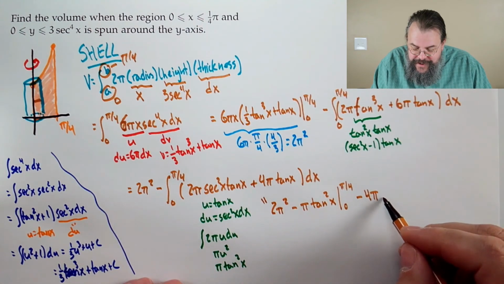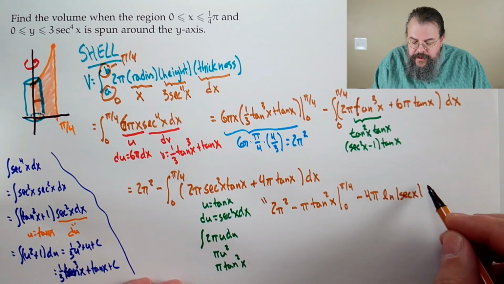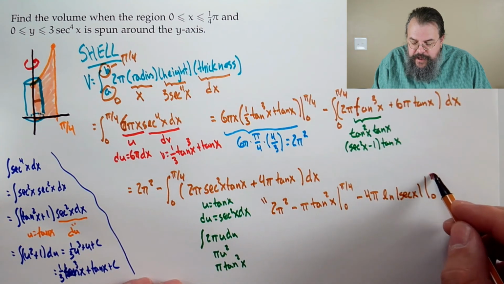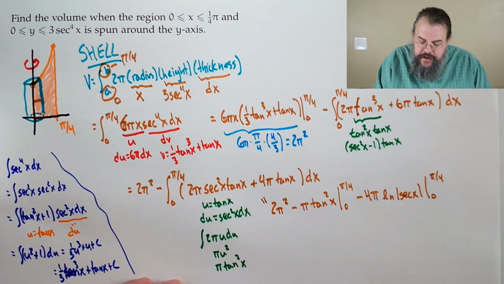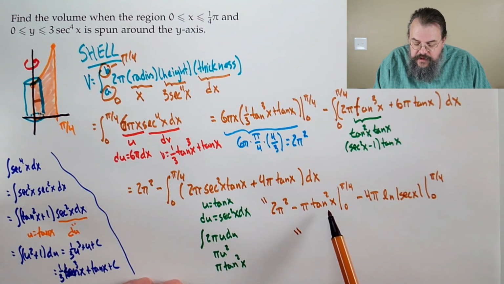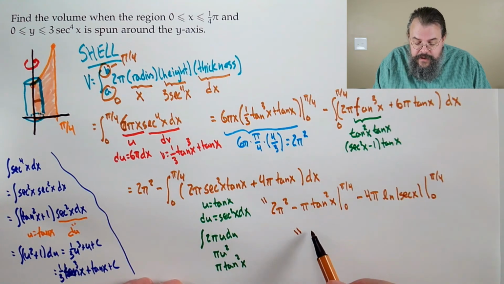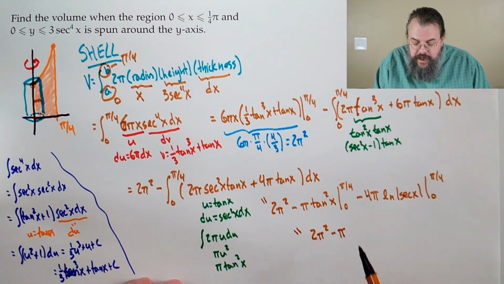All right, good. Log secant x from 0 up to pi over 4. Well, now let's plug stuff in, and let's see what happens. Plug in 0. Tangent of 0 is 0. Tangent of pi over 4 is 1. So we get 2 pi squared minus pi.